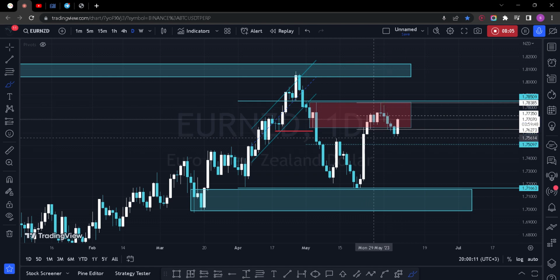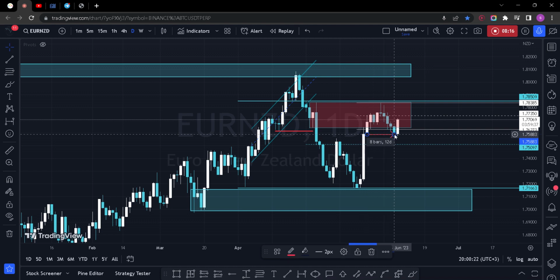But for about a week or so, as you can see right here, price got to our zone at this candle right here, and it's been there for about 12 days. So for the last 12 days, price has been on our origin.